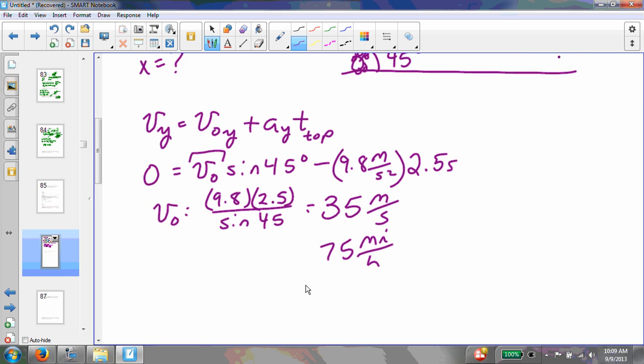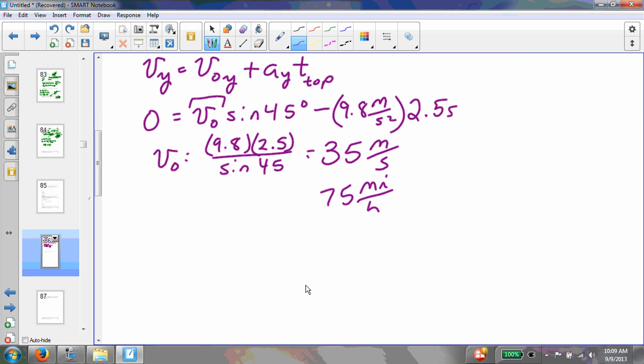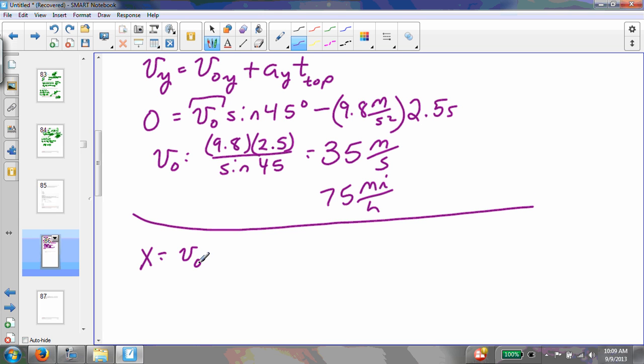Now that I know the initial velocity, I can find the x displacement. The x displacement, of course, is v naught x times t plus 1/2 a_x t squared. Remember, for all projectile motion problems, a_x is equal to 0 because it's not accelerating in that direction. So x is going to be v naught x, which is v naught times the cosine of theta, times t.